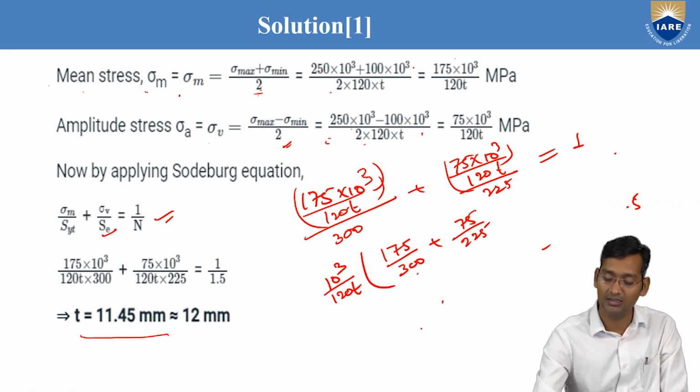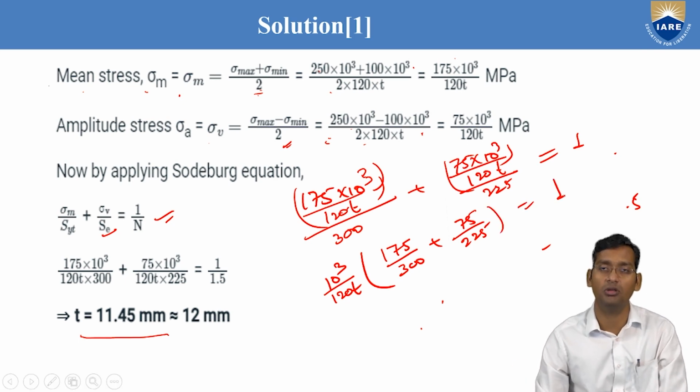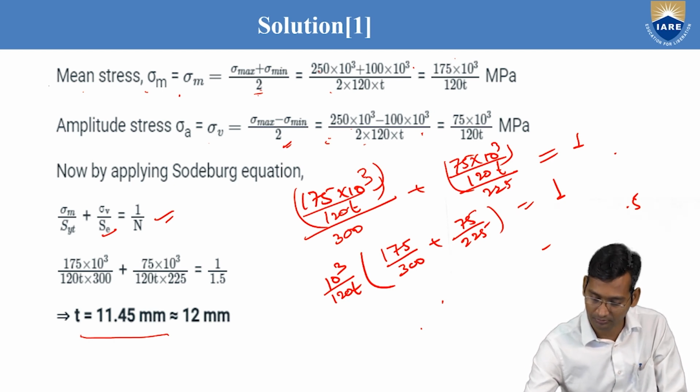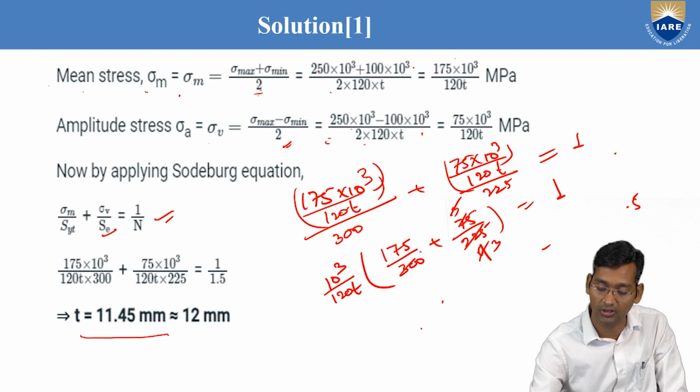This we can simplify or just put into the calculator and you will get the value. Let's simplify. I am directly dividing by 25. 175 by 300 gives 7 by 12, and 75 by 225 gives 1 by 3.